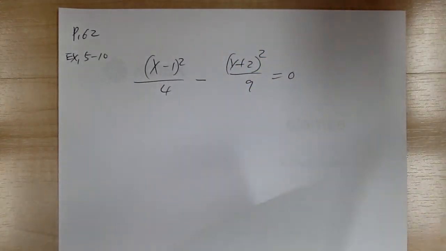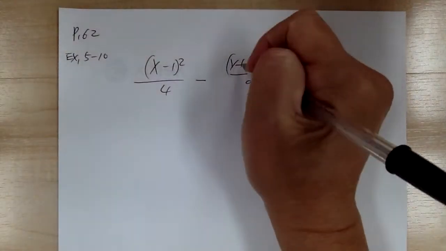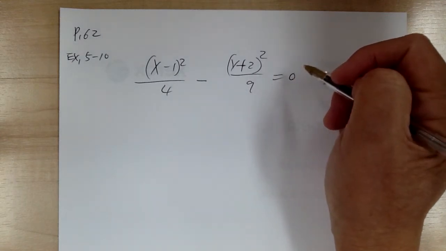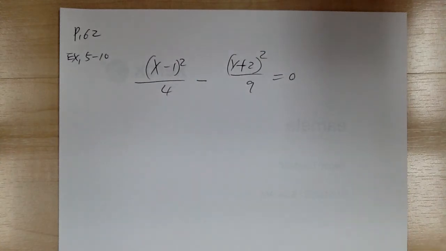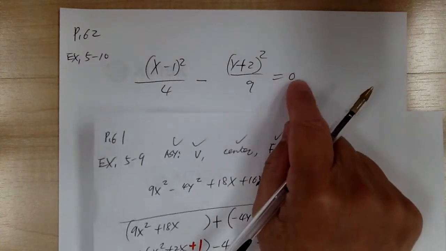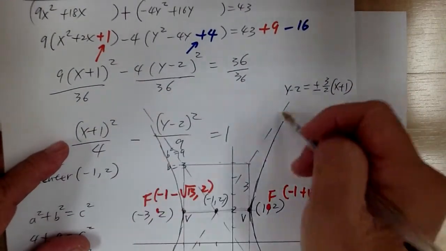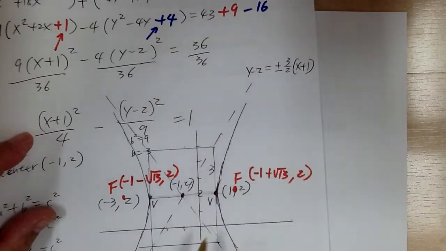Now what happens when you end up with equal to 0 instead of equal to 1? Well, in this case, when you have equal to 0, you're going to get something called a degenerate hyperbola. And when you have this situation, the equation reduces to two asymptotes. See the asymptote over here? Okay? So when equal to 0, that's the equation for that.